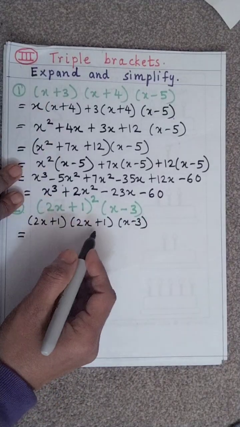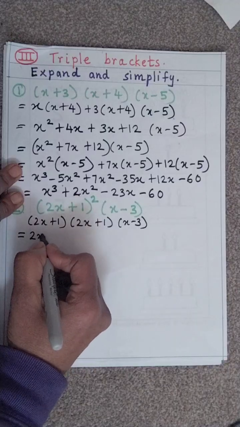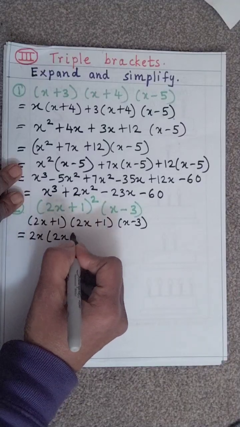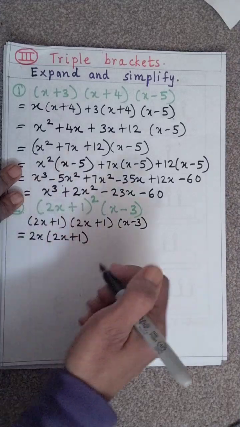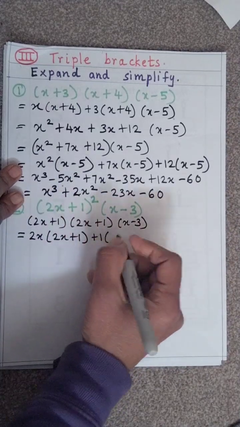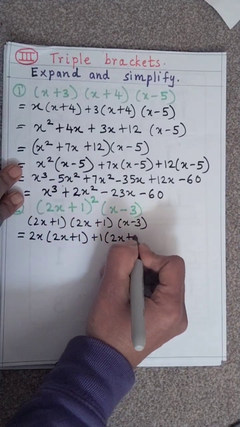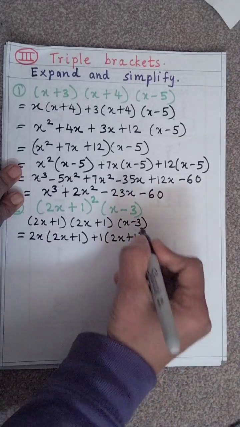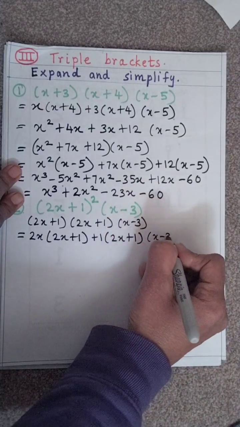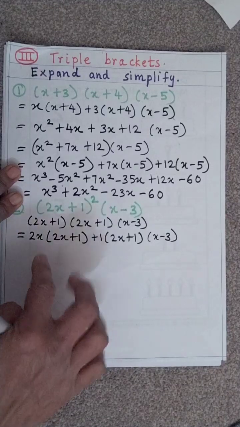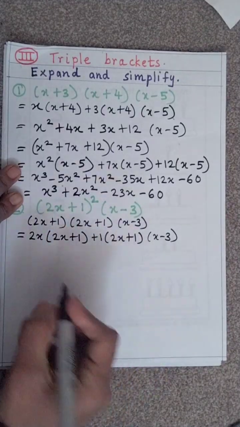Take 2x multiply by 2x plus 1, then take plus 1 multiply by 2x plus 1, then x minus 3. We'll just solve it later; we'll solve these two parts together first.